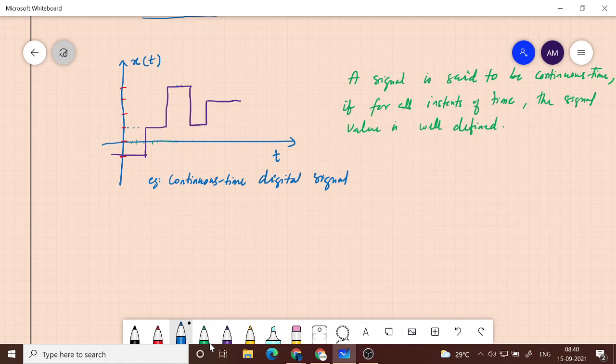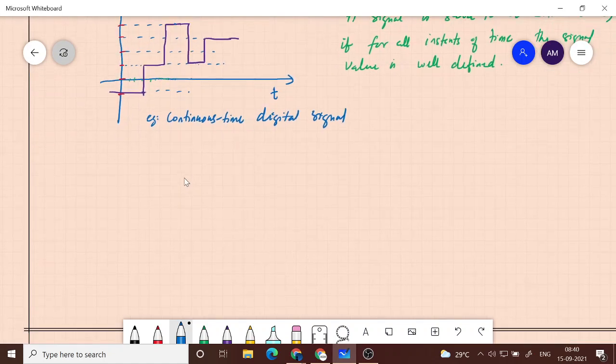Because the amplitude of the signal is confined to certain levels. It is not taking any amplitude other than the levels which are predefined. Okay, it is not taking anything between these two levels. Either this level or that level, which is defined beforehand.